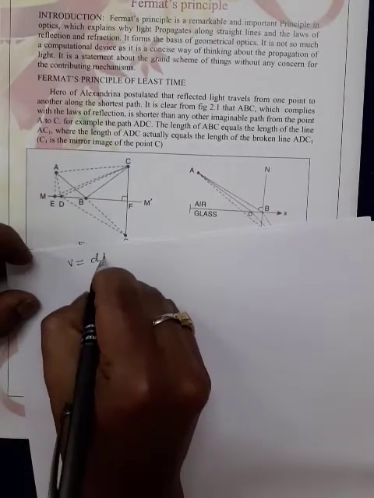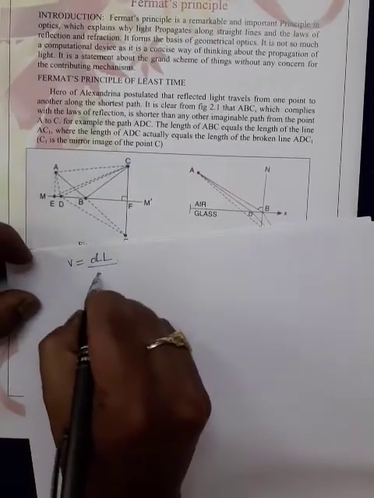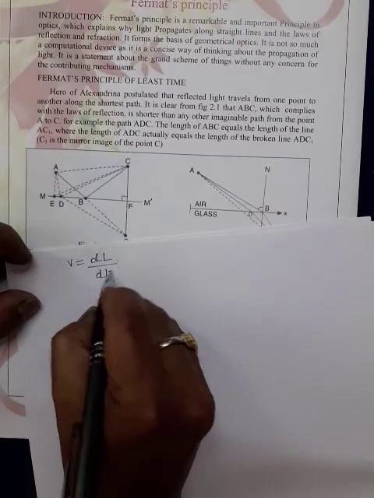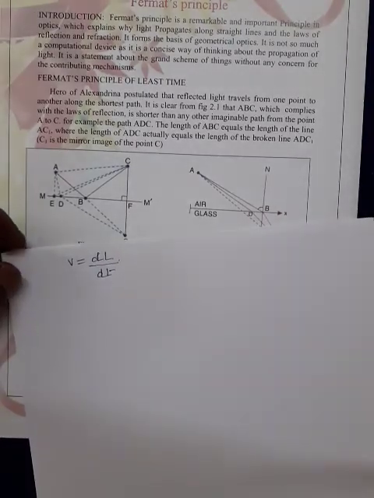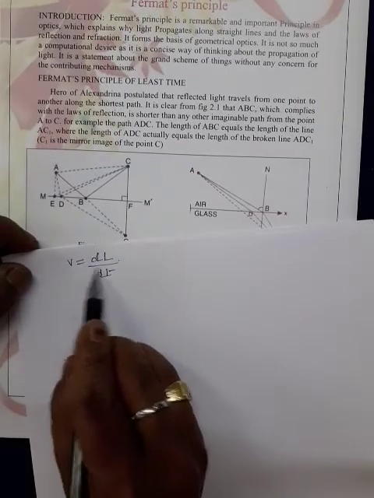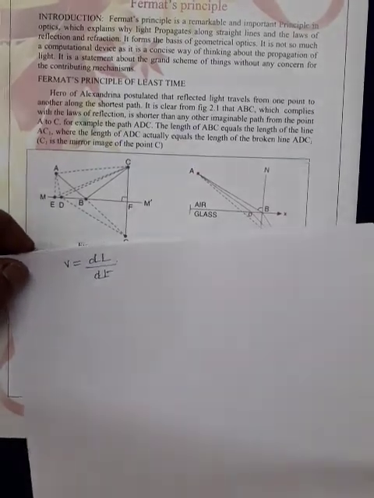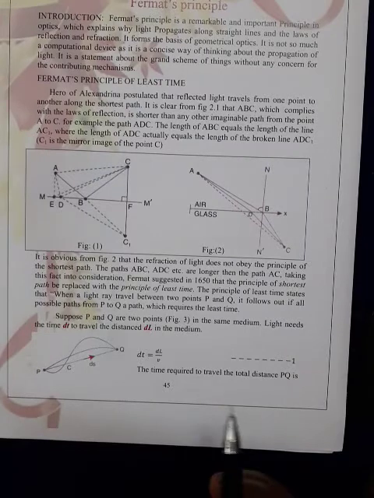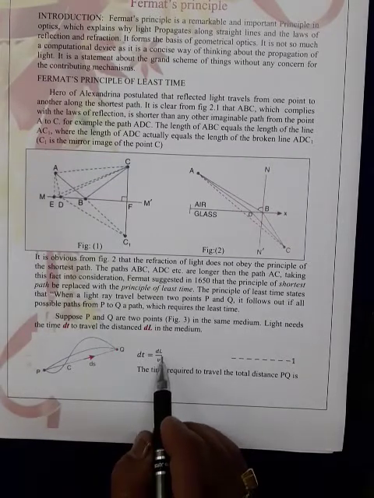Here we are taking the distance as dl, and time is dt. Velocity is the ultimate rate of change of length with respect to time. Then I can say dt equals dl by v.